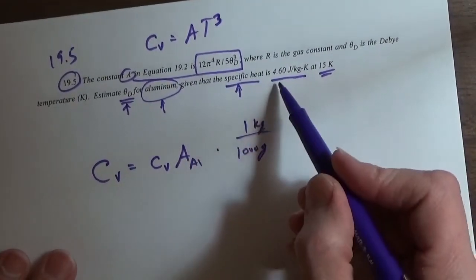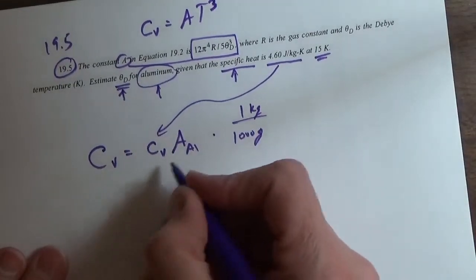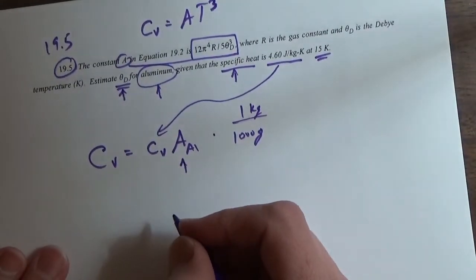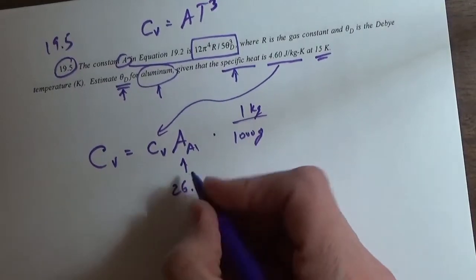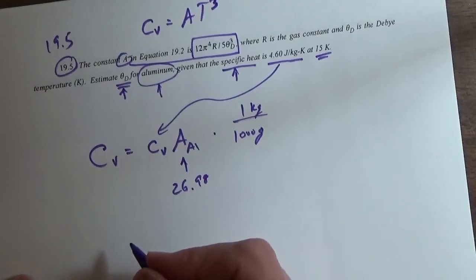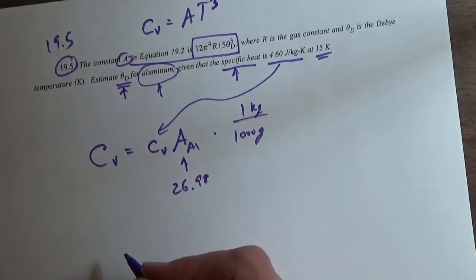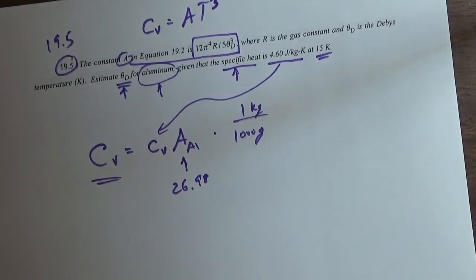And using that, and this is the atomic weight, 26.98, that'll give us the heat capacity.